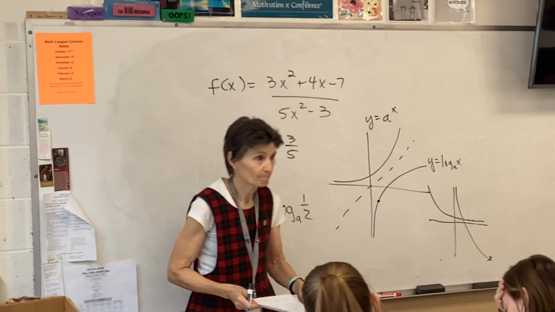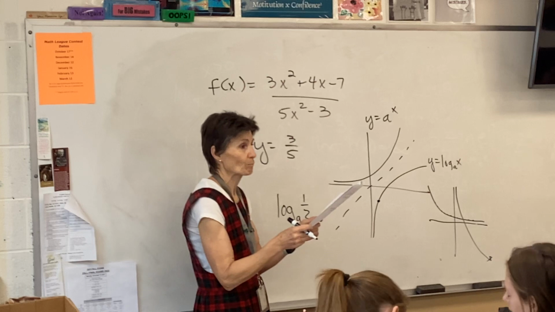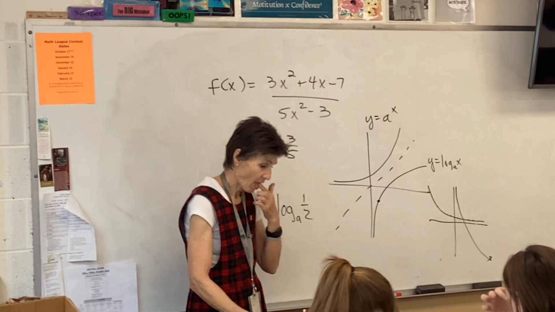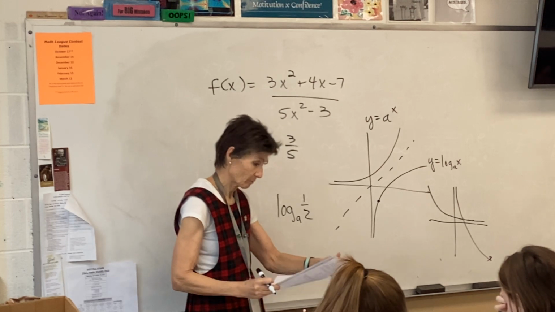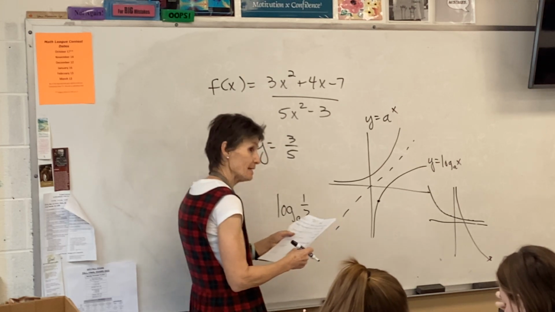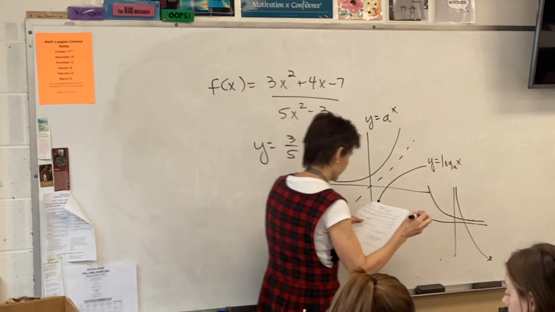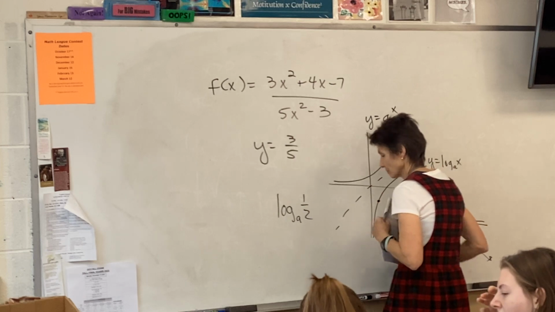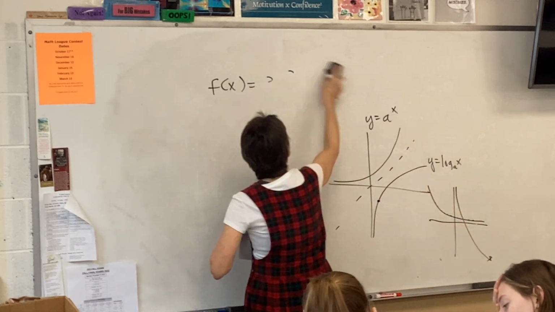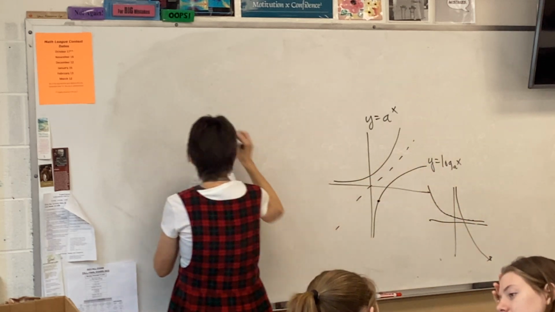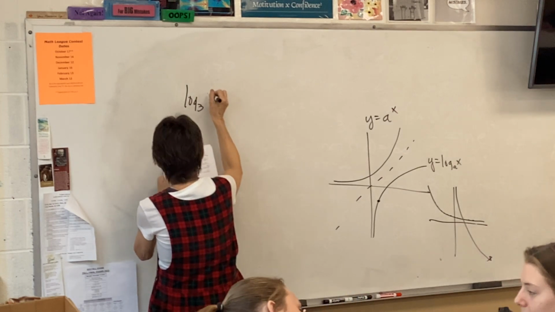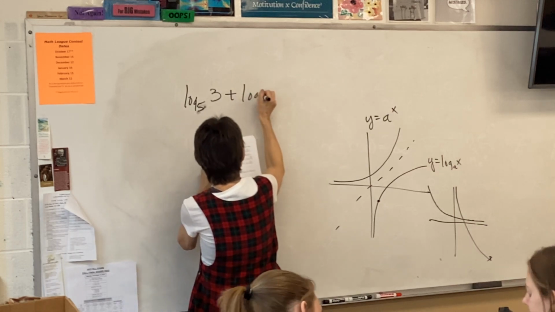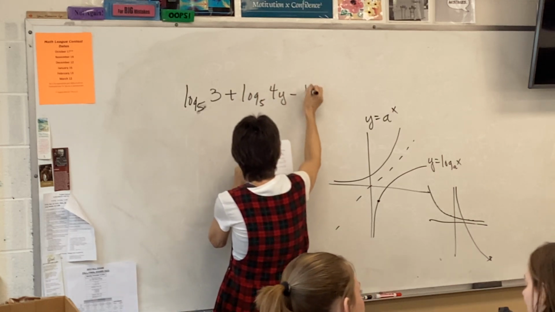Okay, what else? Marion? It was 2.12, 1C. Minus 1.